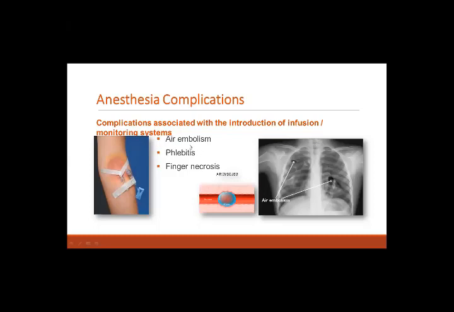It could be something like air embolism. Depending upon the amount of air, this can be negligible, or it can lead to disastrous consequences if the amount of air is massive. You can see here large air bubbles present in the pulmonary vein and here in the larger arteries.